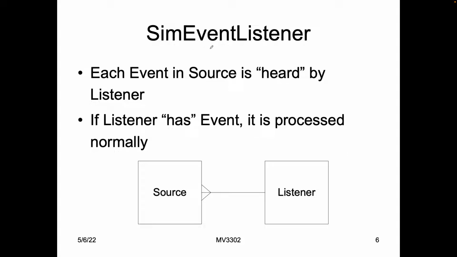With the sim event listener idea, the means of communication between components is going to be these events, or sim events. It's analogous to what we did last quarter with action listeners and buttons. When you click on a button, it fired an action listener, and the button didn't really know or care who was listening.